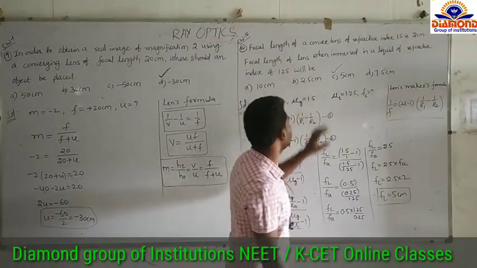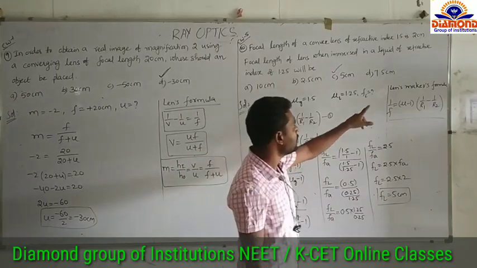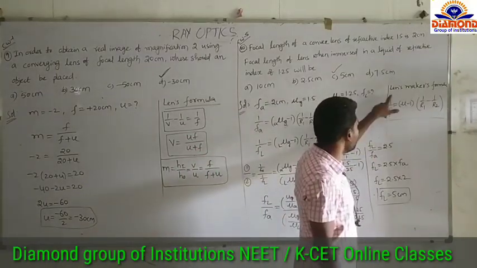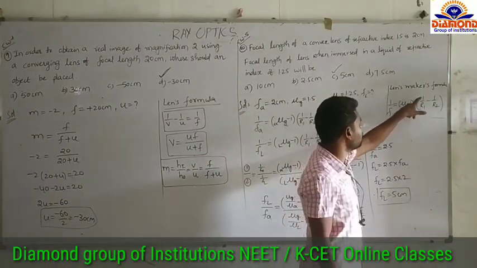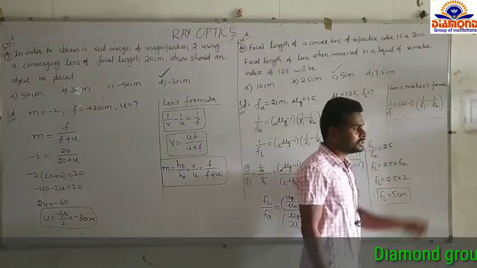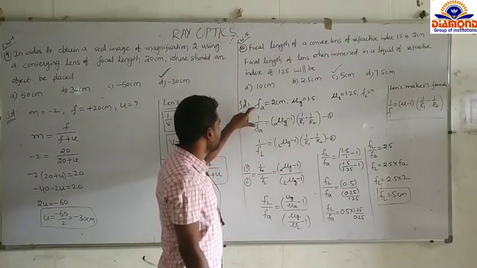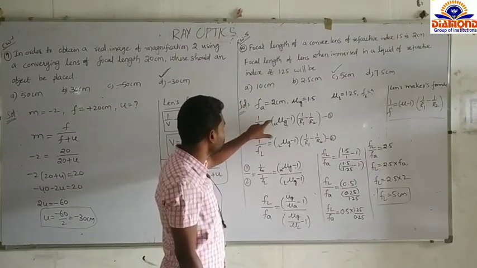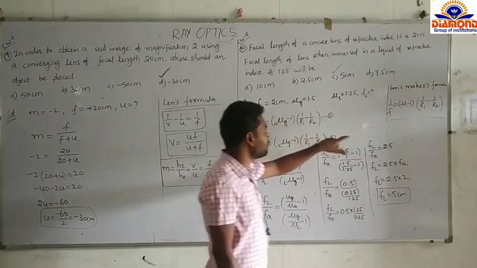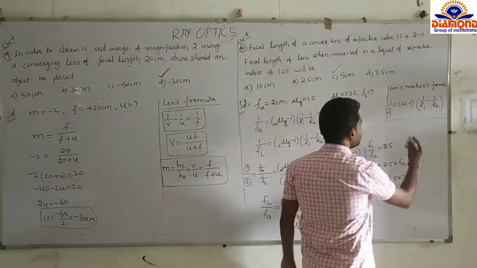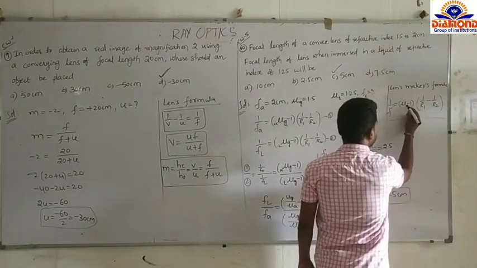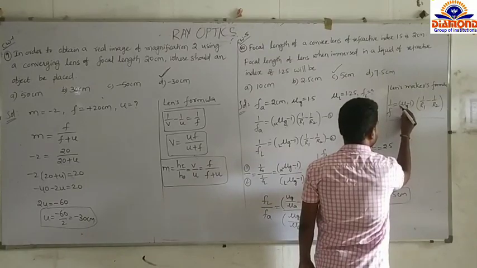To get this, we have to use the lens maker's formula: 1 by f equal to (mu minus 1) into (1 by R1 minus 1 by R2). When the convex lens is in air, 1 by FA equal to (mu minus 1), where mu is the refractive index of the lens with respect to the medium.